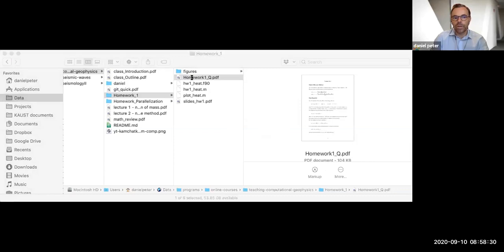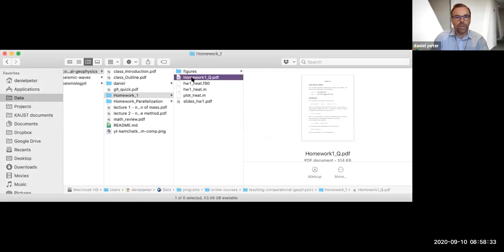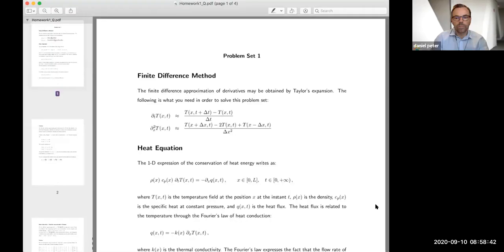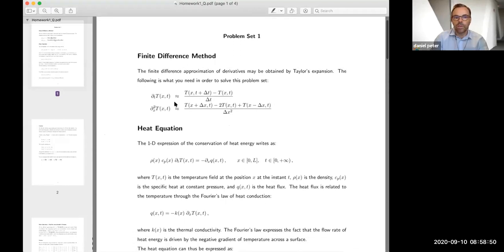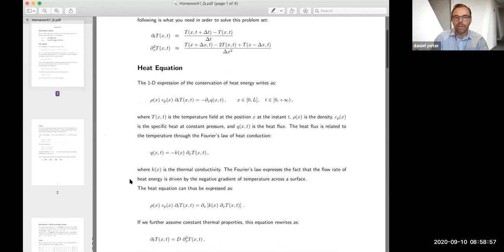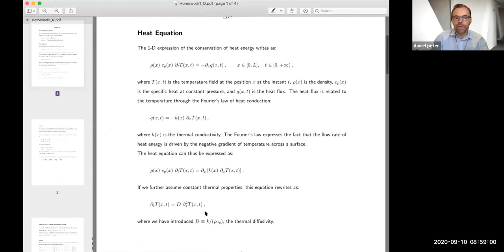Good. Let me quickly show you the homework PDF, if I can here. So that's also in this folder. It basically gives you what the problem set is and starts showing you these finite difference schemes. Again, it goes through the heat equation, ending up, for example, with this very simple equation that you can use when we have a constant thermal diffusivity.